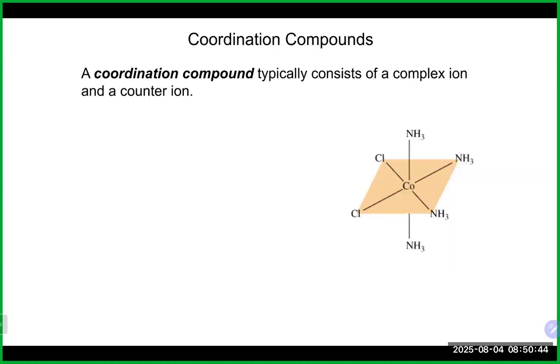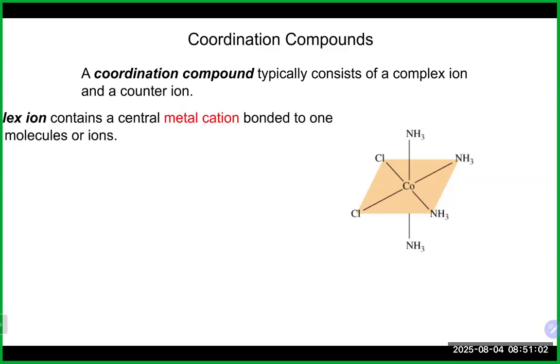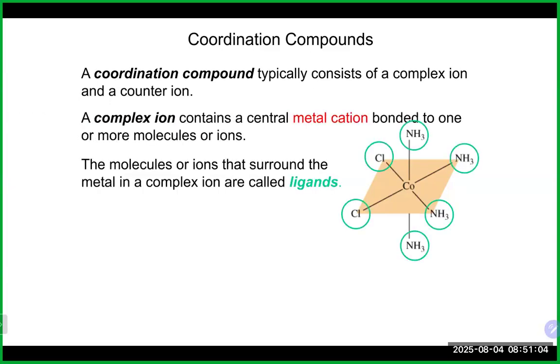All right, so now that we reviewed a little bit about transition metals and some of the ions, let's talk about the heart of this chapter, which is coordination compounds, where we do find a lot of these transition metals in the complex ions. A coordination compound typically consists of two things: a complex ion and a counter ion.